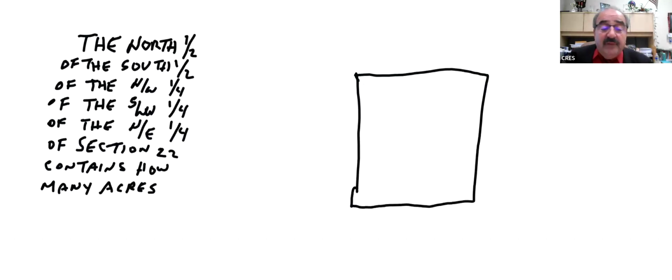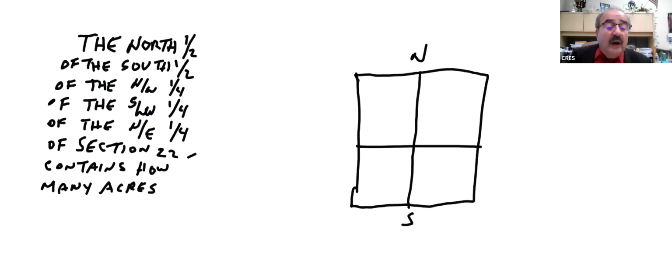Out of this section, 1 mile by 1 mile area, what I want is the northeast 1/4. So I'm going to quarter this. And I draw my compass points, north, south, west, and east. And what I want is the northeast 1/4. That's this one right here.